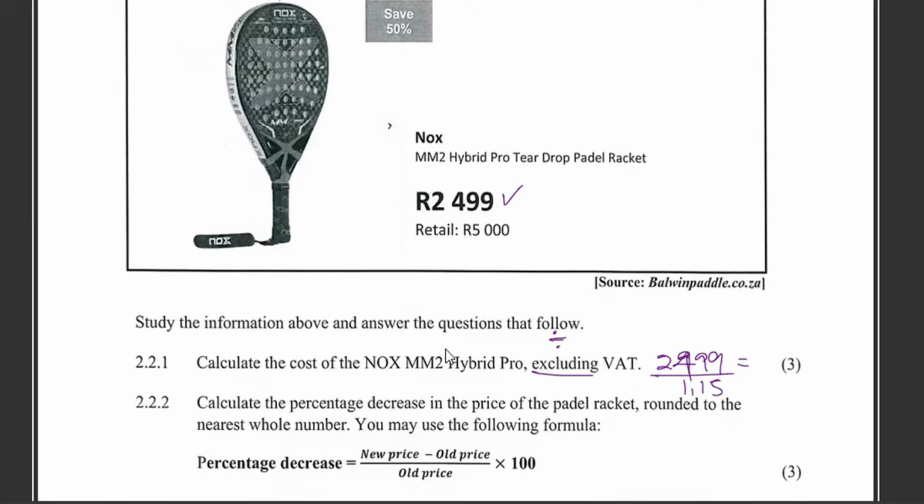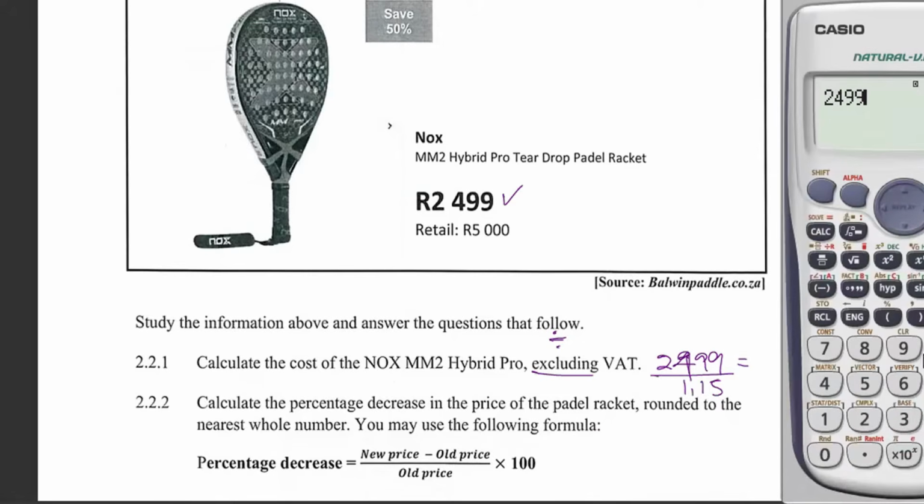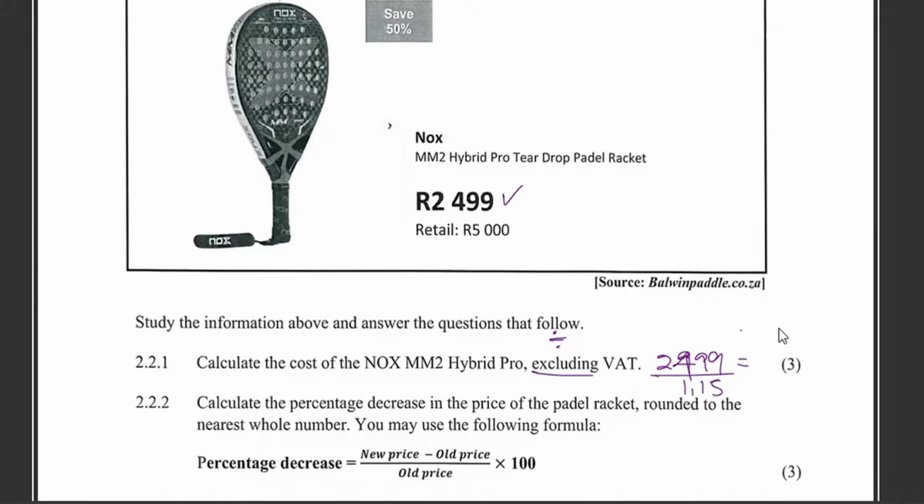Put it in your calculator. What answer do we end up having? The answer here became 2,173 rands 4 cents. So this is the answer there.